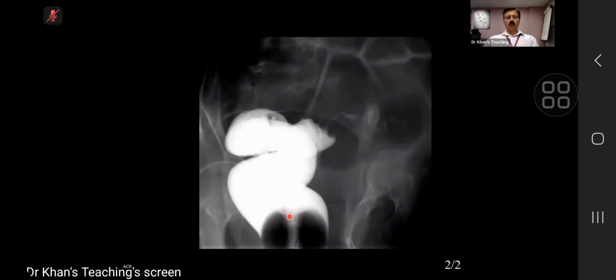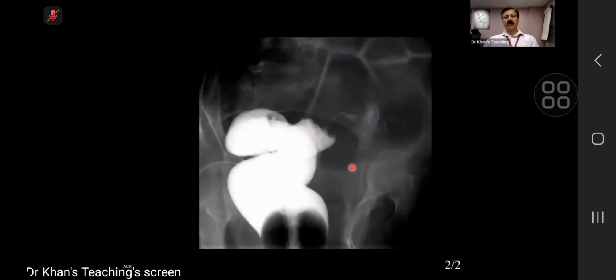So let me take you through it. This is the rectum, right? And we are going into the sigmoid. Now, as soon as we reach this, this is sigmoid here. This loop is projecting behind it.